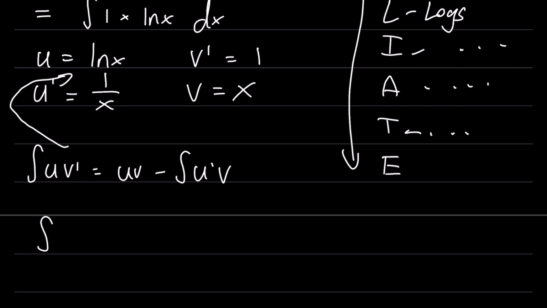So we're going to have the integral of ln x, which is times 1, same thing, is equal to uv, which is ln x times x, minus the integral of u prime, which is 1 over x, times v, which is x dx.